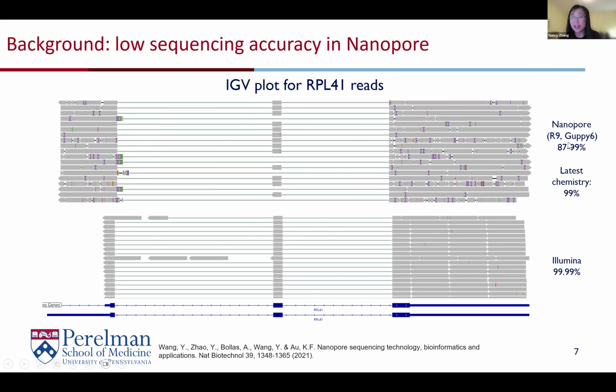So a lot of our early efforts were in dealing with the fact that there were so many sequencing errors that it causes, as you'll see later, misidentified UMIs and cell barcodes and things like that. Now the chemistry is much better. Now it's about 99% accurate.